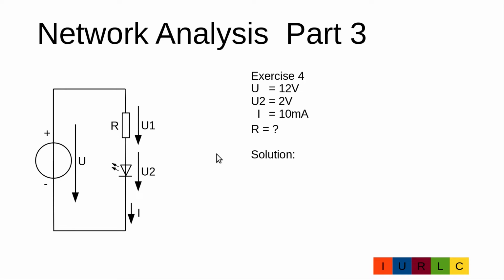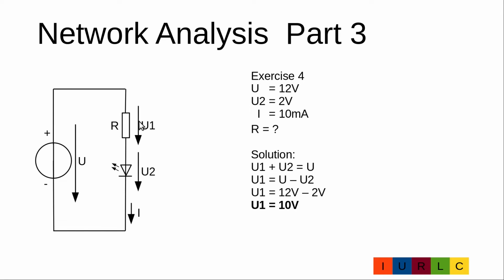Here's the solution. In the first step, we must calculate the voltage U1 at the resistor. We use Kirchhoff's loop law, where we know that the clockwise voltages are added, U1 plus U2, and equal to the counterclockwise voltage U. Now we bring U2 with minus to the other side, and U1 with concrete numbers is 12 volt minus 2 volt, U1 is 10 volt.